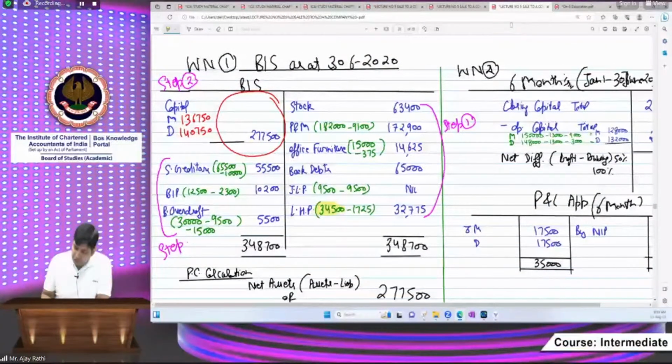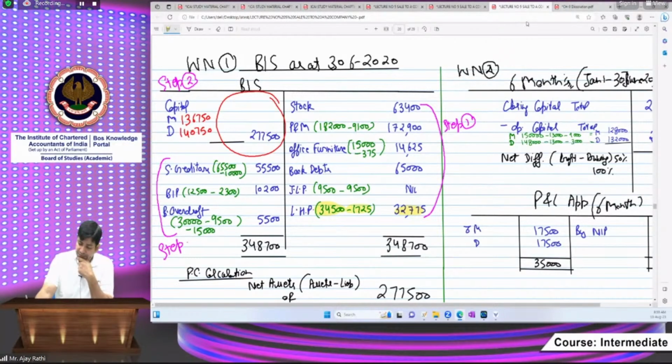From there you reduce the depreciation. Please use your calculator: 34,500 multiplied by 10% multiplied by 6 divided by 12. That is 1,725, and that is your net figure.